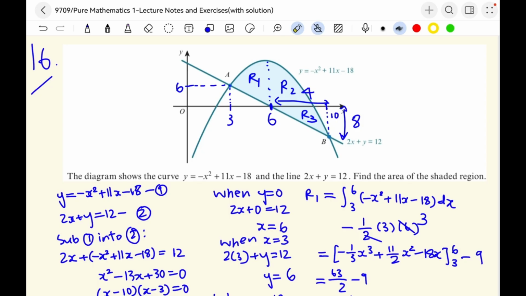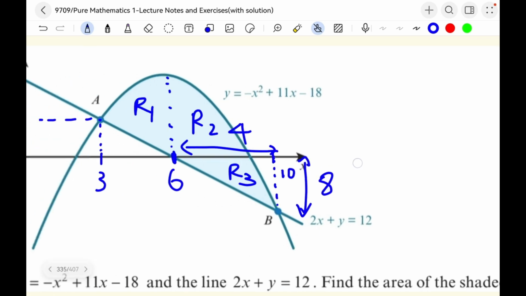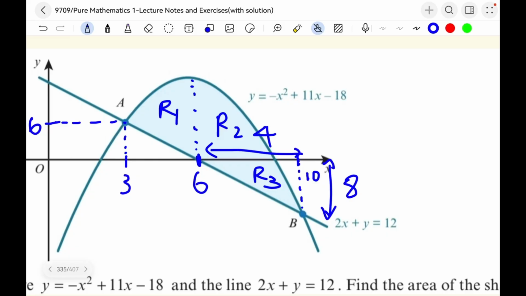oh yeah, we forgot to find the roots of the quadratic function over here. So now let's solve it. Just press your calculators because the marks may not be considered for you to find the intersection points. Mostly the marks are allocated for the integrals only.